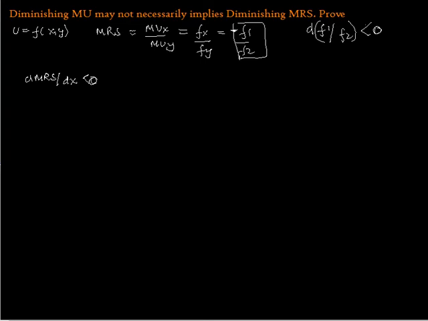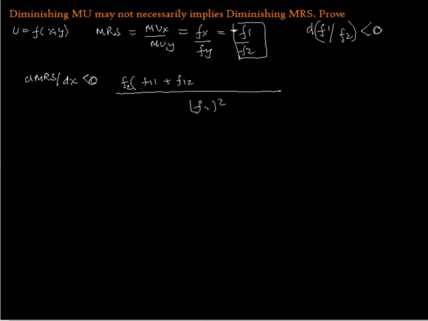If you just try to calculate the derivative of this, by the quotient rule, the denominator would be f2 square, and denominator into the derivative of numerator. The derivative of numerator, this again depends upon x and y. f1 will depend upon x and y again. So this would be f11 plus f12.